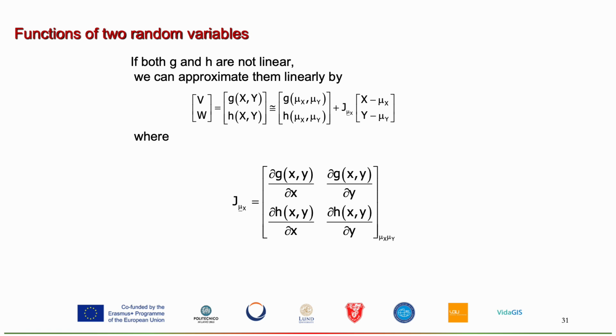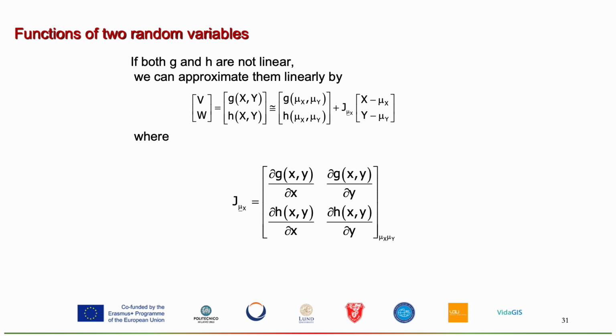Now, what happens when the functions g and h are not linear? Exactly as in the monodimensional case, we can make a linearization of g and h around the mean value of x and the mean value of y.